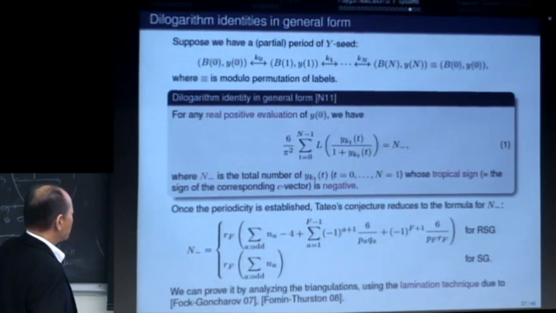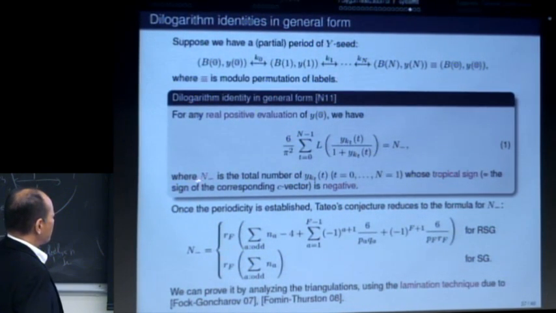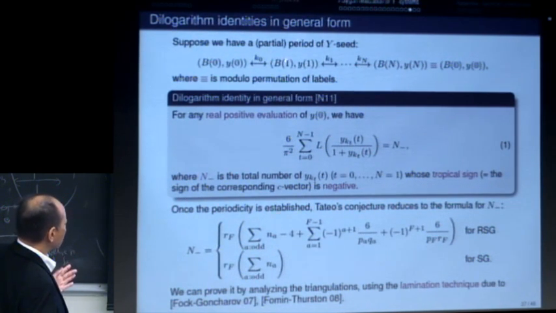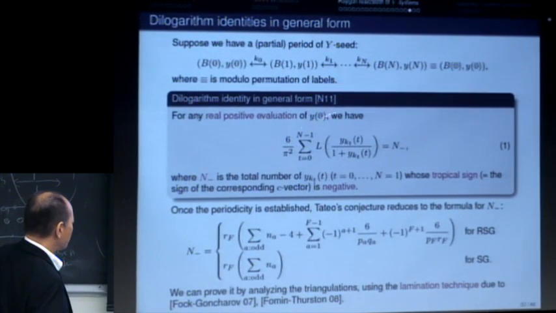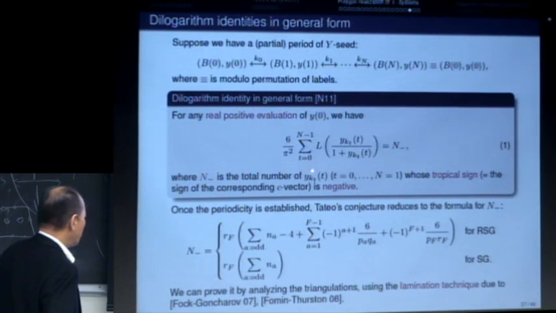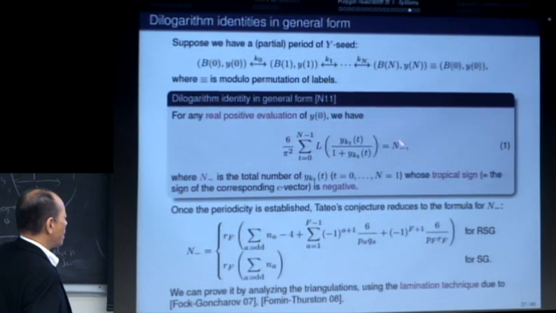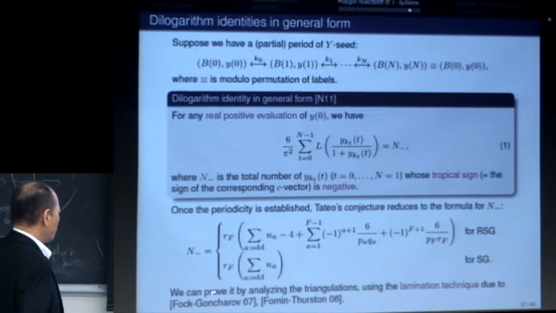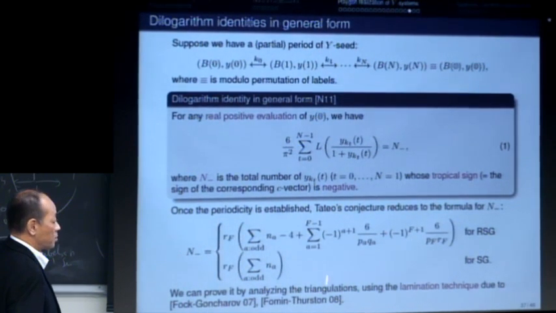So once you know your period of Y systems is coming from the period of your cluster algebra, then we have such a quality. But of course, you still have to calculate this number. And Tateo's conjecture says this number should be this one. And we can also prove this by analyzing the triangulation.